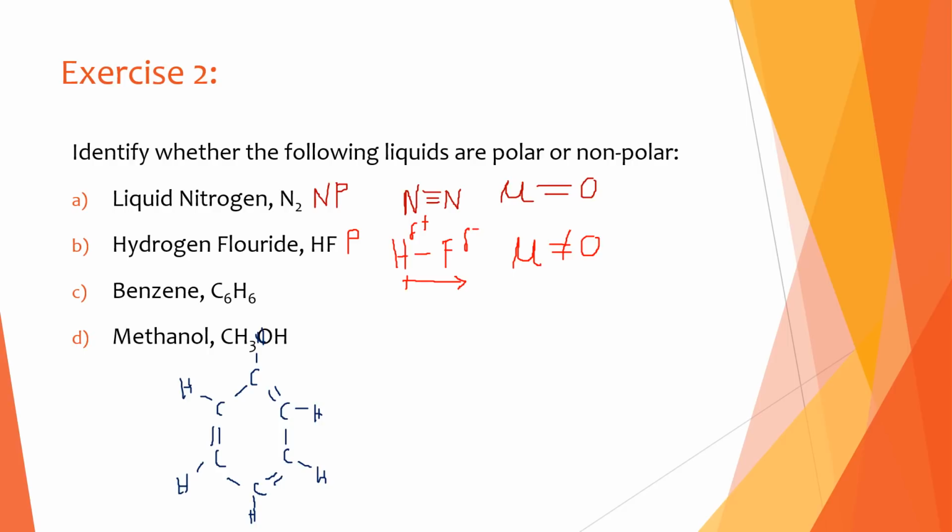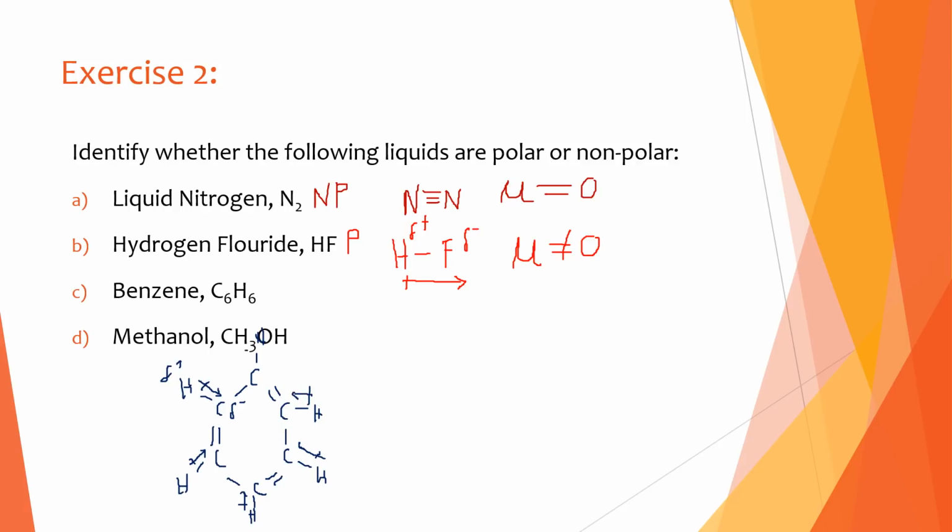Benzene has a polar bond between carbon and hydrogen, and the dipole moment will come from the hydrogen towards the carbon. This is because carbon is more electronegative than hydrogen, so carbon will become partially negative while hydrogen will become partially positive. For all of the hydrogen and carbon bonds, the dipole moment will come from the hydrogen towards the carbon.